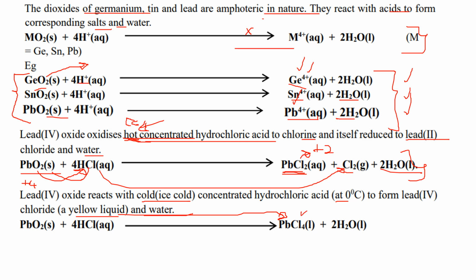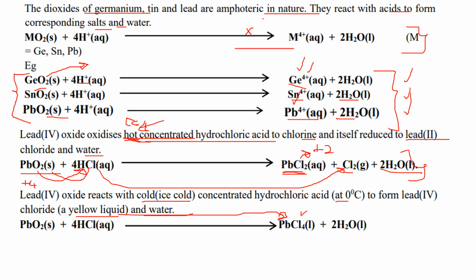But when you have concentrated acid reacted in excess, this yellow liquid turns to a colorless solution due to formation of a complex. Here we don't have any group of elements that forms a complex which is going to be colored. All their complex ions in solution are going to be colorless solutions.